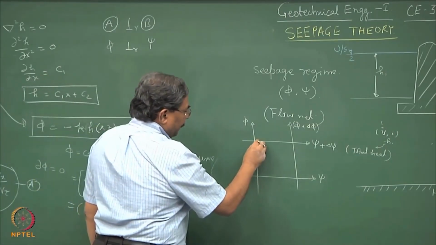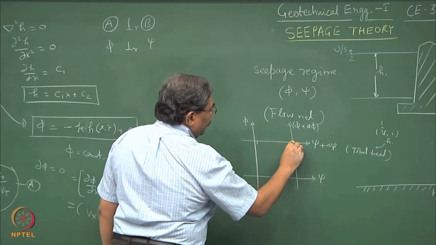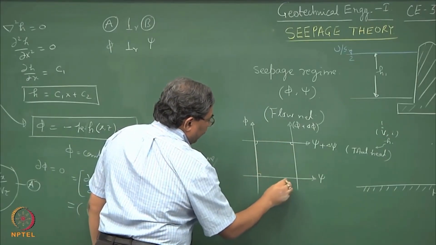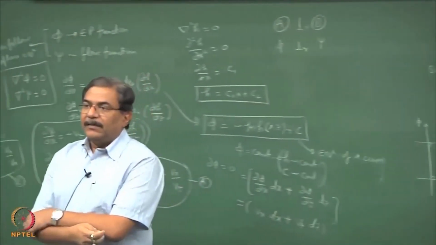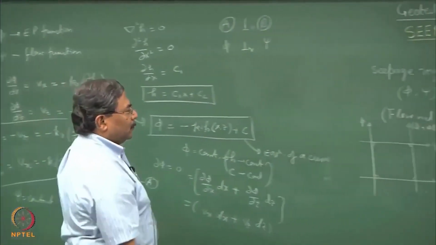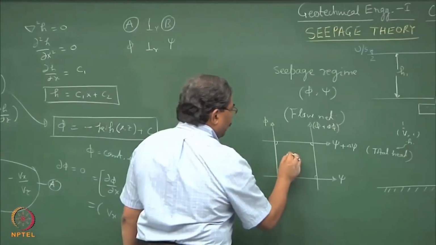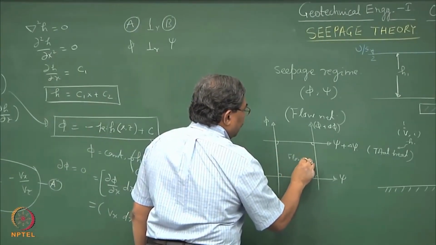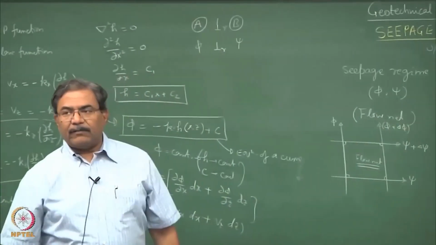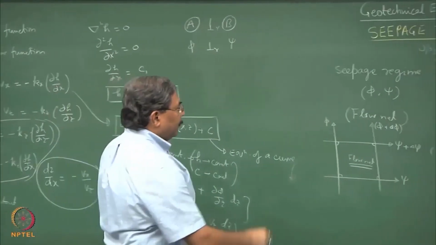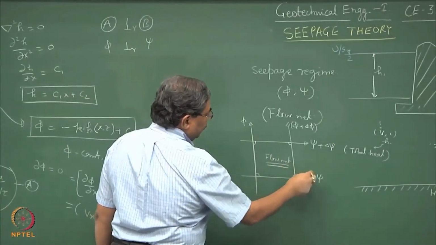As long as the normality criteria is established, that means phi is perpendicular to psi function, this is a flow net. So, the first requirement of the flow nets is that phi function should be perpendicular to the psi function.